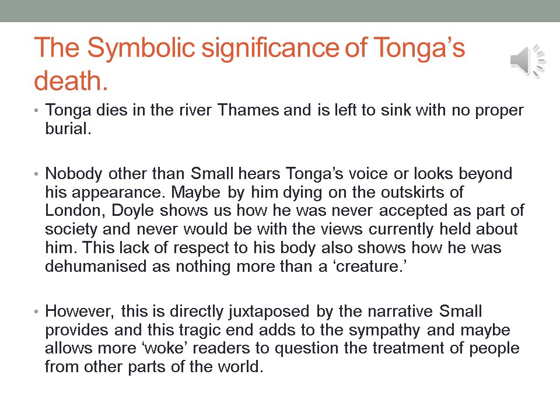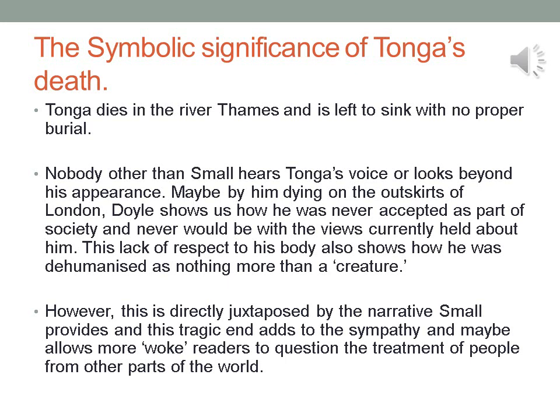Now, this is quite a sad end for any human being, but it's done on purpose so that in a minute when Jonathan Small's narrative is given and we learn more about the character Tonga, there's a greater juxtaposition, so we see how awful the treatment was, and then we realise how absolutely undeserving it probably was, and this tragic end is given more sympathy by the fact that he is just allowed to sink.